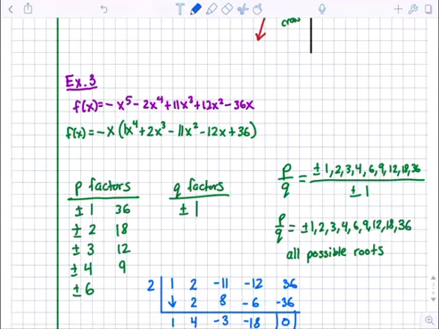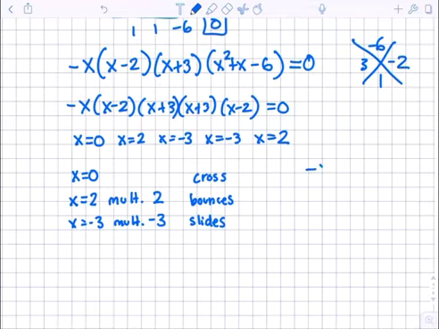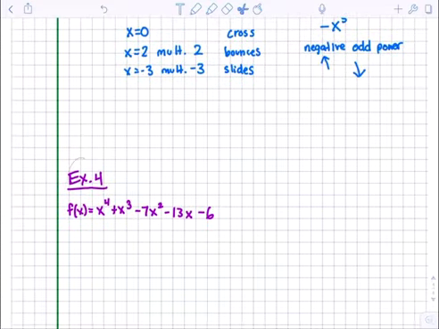So that means we're going to have negative x to the 5th, which is a negative odd power. So just like in the notes from before, if it's a negative odd power, that means your end behaviors are going to look like this. So now it's time to graph that.